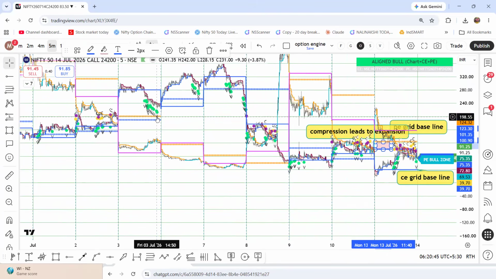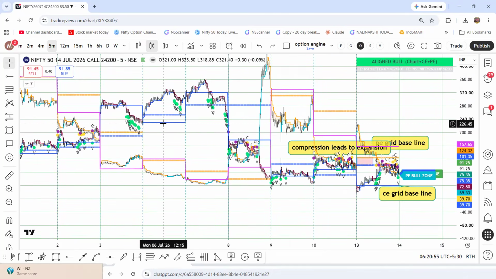When the pivot starts converging and the price starts moving above the grid line, you can take the trade. This is the call option grid line. The price moved up. You can use this strategy, and when the price started falling below the grid line, this can be used for put writing.